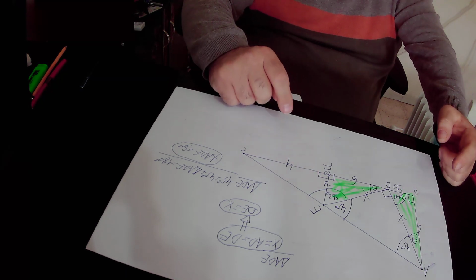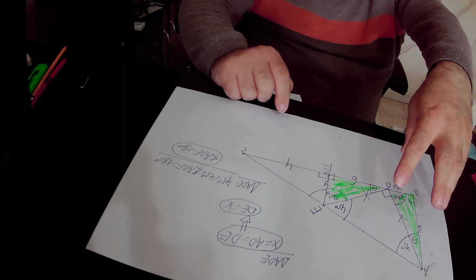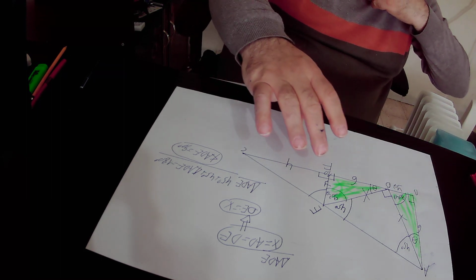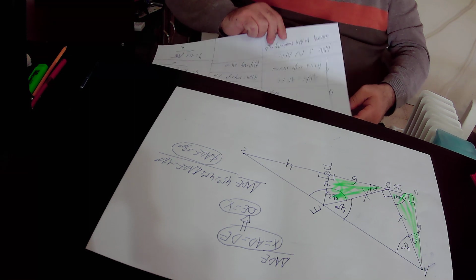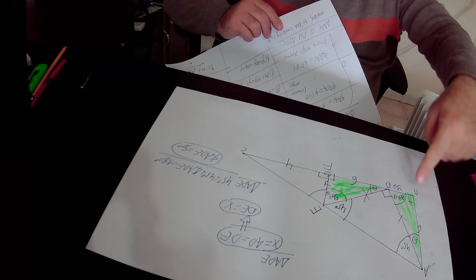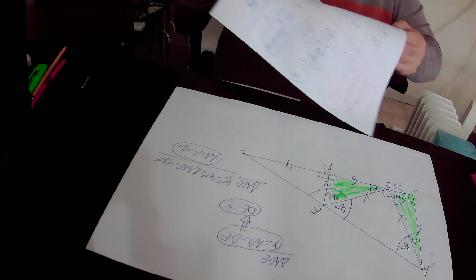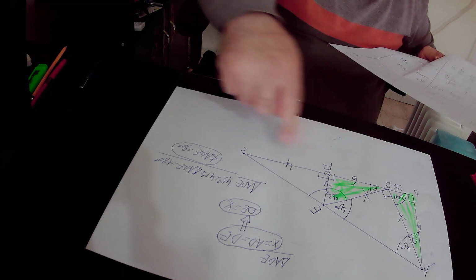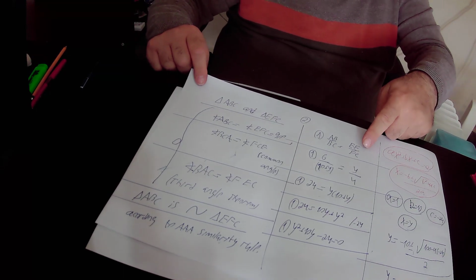Therefore, we actually proved that all the angles in the right triangle ABC can go into all the angles in triangle EFC, and therefore we can derive from it that AB over BC equals EF over FC.